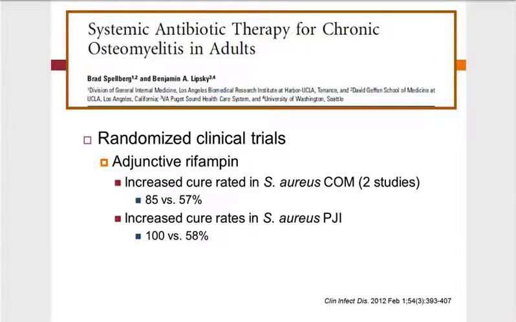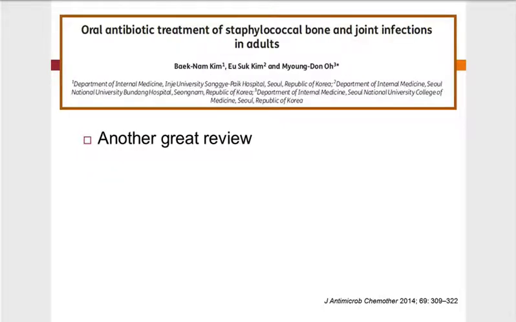So I really do recommend reading this review so that you, as a provider, can make a conclusion about your comfort level and which antibiotics to treat with. Just for time's sake, I'm not going to go over this one, but a more recent one was published in the Journal of Antimicrobial Chemotherapy in 2014, looking specifically at oral antibiotics for staphylococcal bone and joint infections in adults.